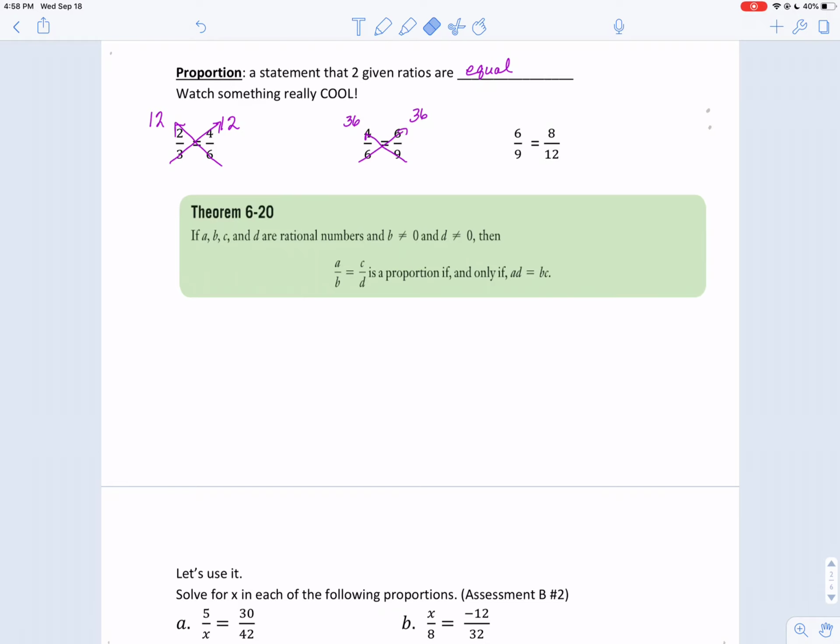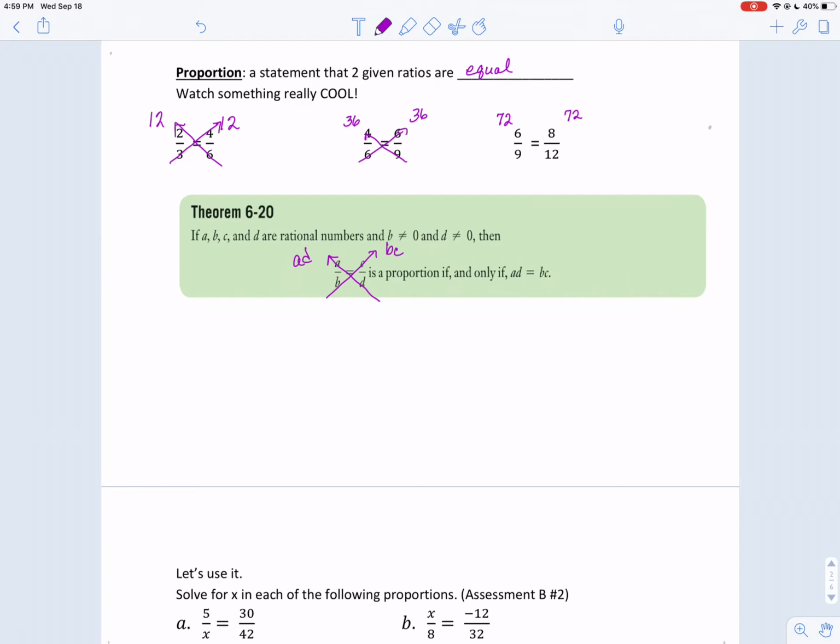What about the last one? I get 72 and 72. So that's what this fancy theorem down here states. If they're proportional, if you cross multiply, then, like this, your AD is going to equal your BC.